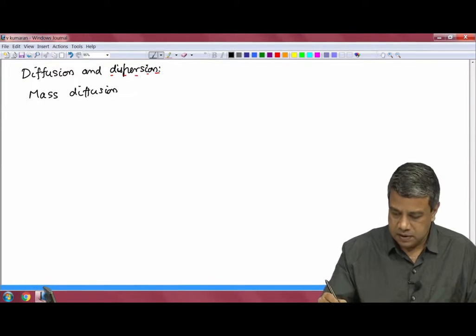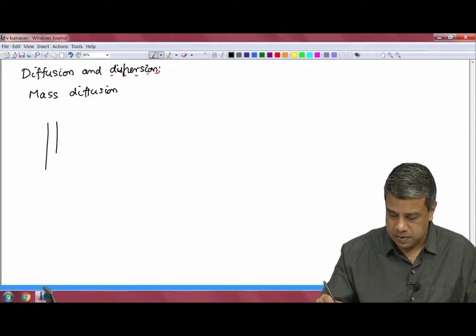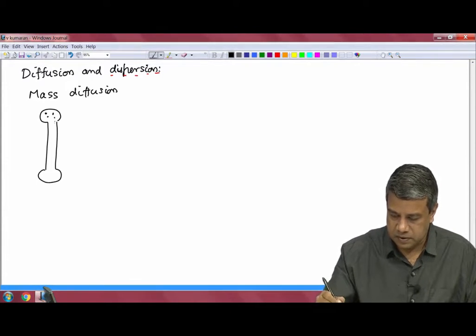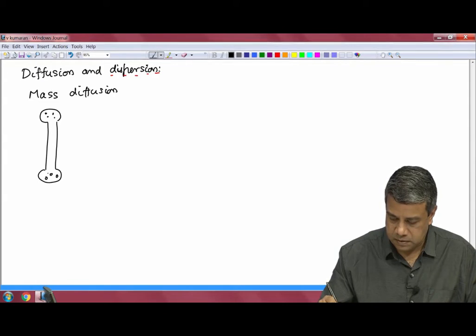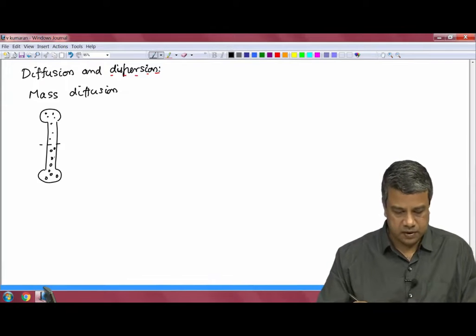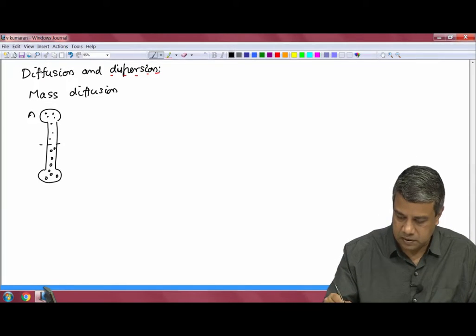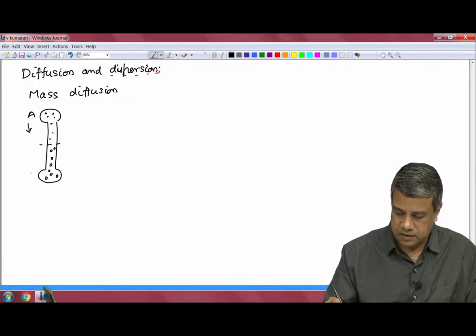If I consider two chambers filled with two different kinds of molecules, and a barrier between these two is instantaneously opened up, then there will be diffusion of one kind of molecules, which I will call the A molecules, downwards, and diffusion of the other kind, the B molecules, upwards.